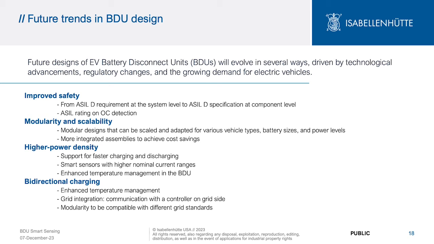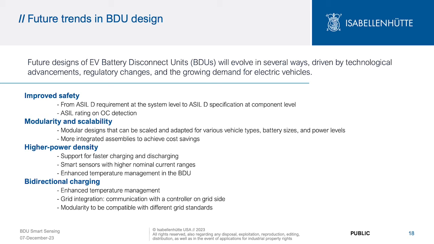The second trend that we see is towards modularity and scalability. I tried to touch on that a little bit on the slides before with regards to the BDU designs, where I showed the BDU type 3 and 4 that had more analog interfaces.